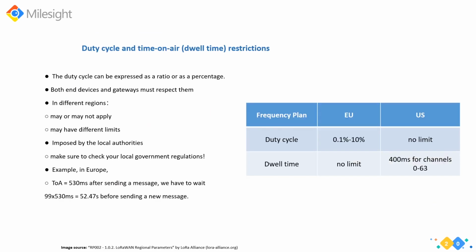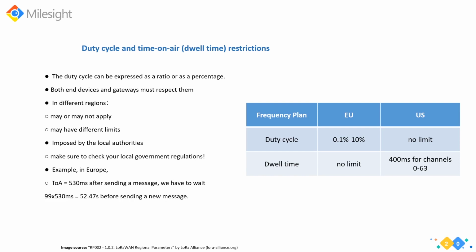And LoRa uses unlicensed spectrum, so it also has some limitations that you need to consider, for example, the duty cycle or dwell time. It means a certain amount of time the signal may occupy the channel. It differs from region to region, country to country.